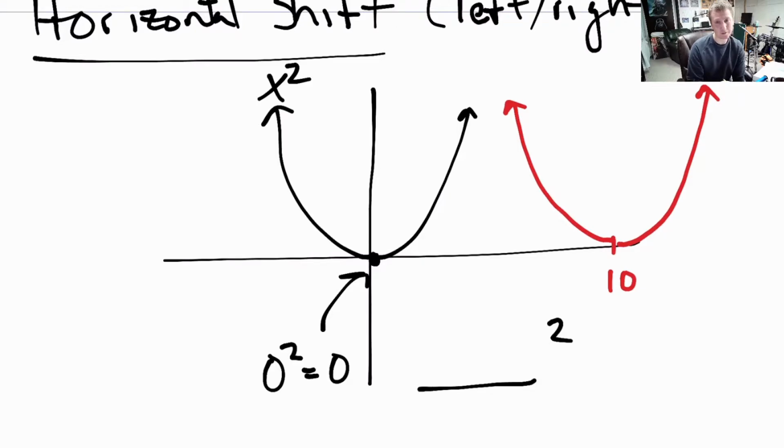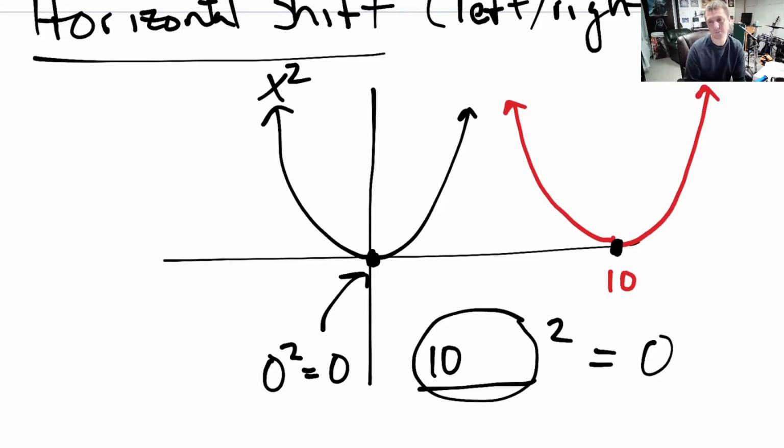Now what we want to do is we want to plug in 10. Right, here we plug in 0 and we get 0 squared. Here, when we plug in 10, we want to get the same thing. We want to plug that 10 in, do something to it, square it, and then get 0 out. Well, the way we can accomplish that is subtracting 10.